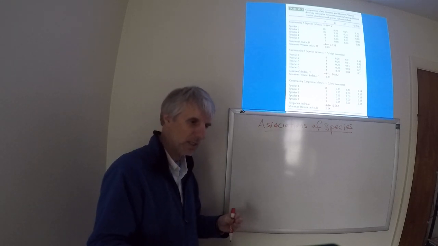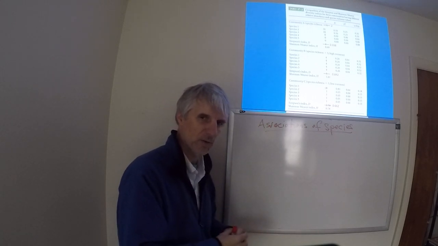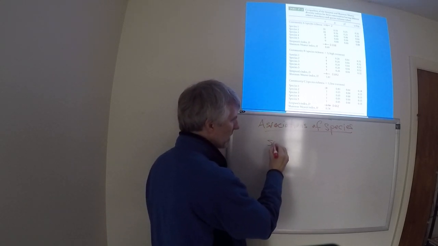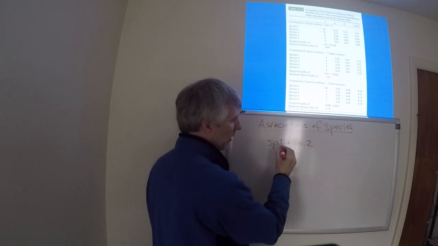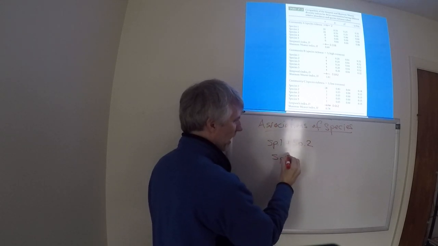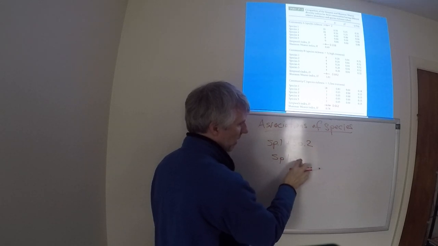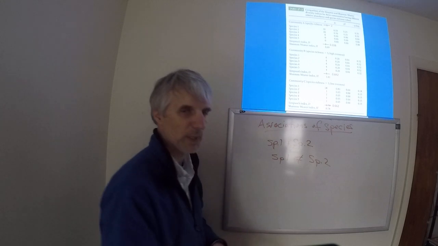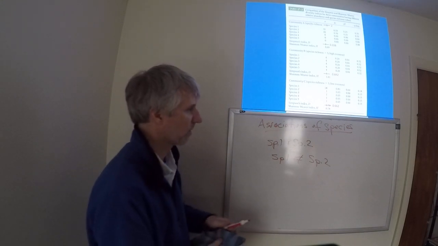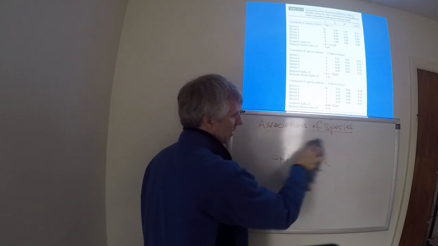This species tends to associate with this other species. Right? Species 1 tends to associate with species 2 positively, whereas species 1 doesn't tend to co-occur with species 2. That would be a negative association.